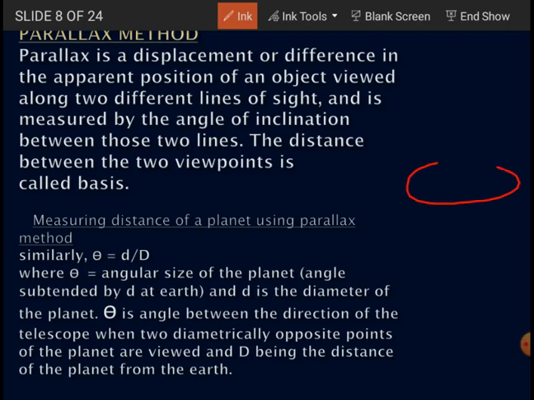Suppose this is your planet, and you are observing from the Earth here. If you observe one of its edges, and from that same point of observation, you observe the opposite edge of the planet, then this angle we call theta.